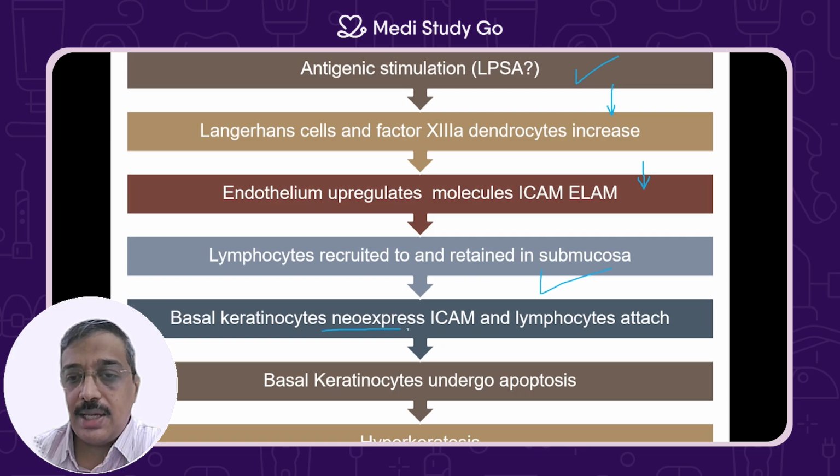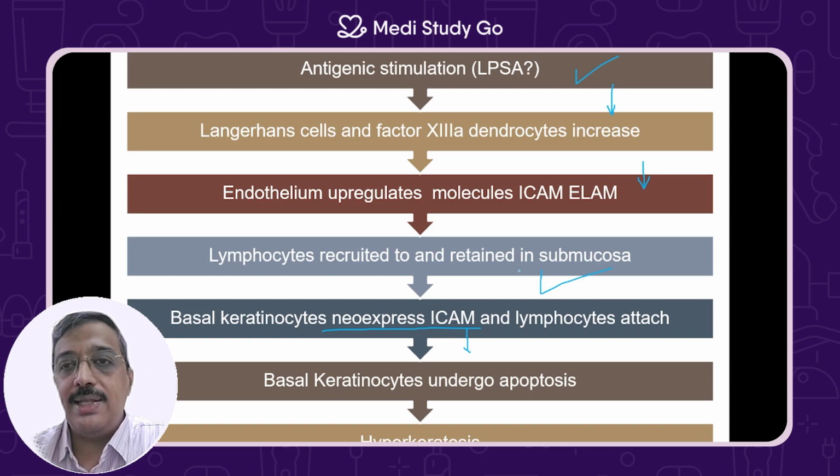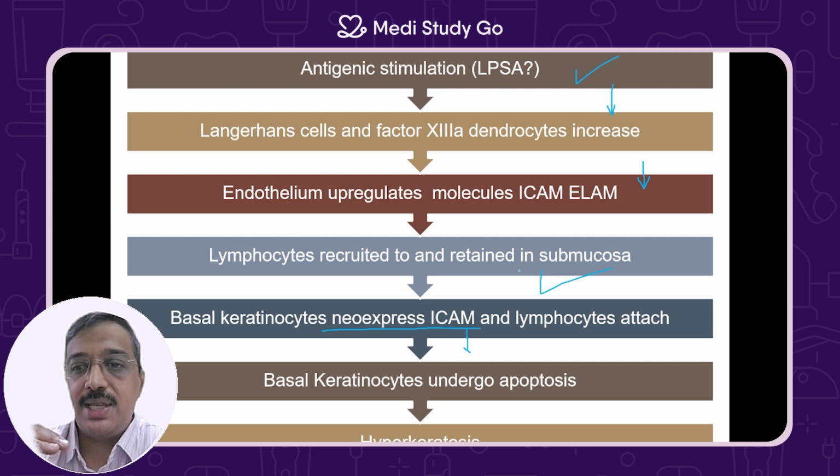Now the basal keratinocytes also will produce this kind of adhesion molecules, and you can imagine that as a small wire. When a warship is present on a sea and the plane is landing on that, there is a small hook that is produced by the aeroplane, and the aeroplane hangs onto the elastic band or a spring board that is available on the warship, and it stops.